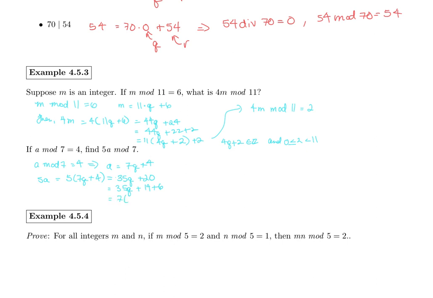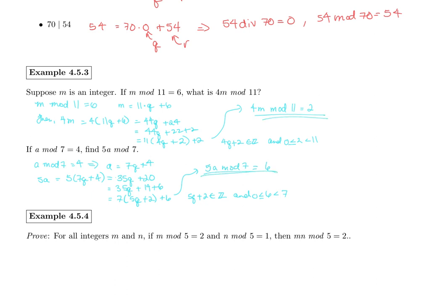So now we can take a 7 out of the first two terms and be left with 5q plus 2, and add 6. We know that 5q plus 2 is an integer because integers are closed, right? And we know that 6 is between 0 and 7. So we know 5a mod 7 is this remainder, which is 6.